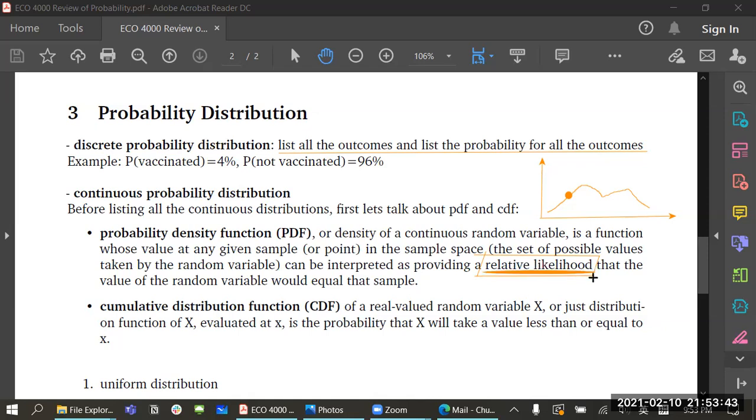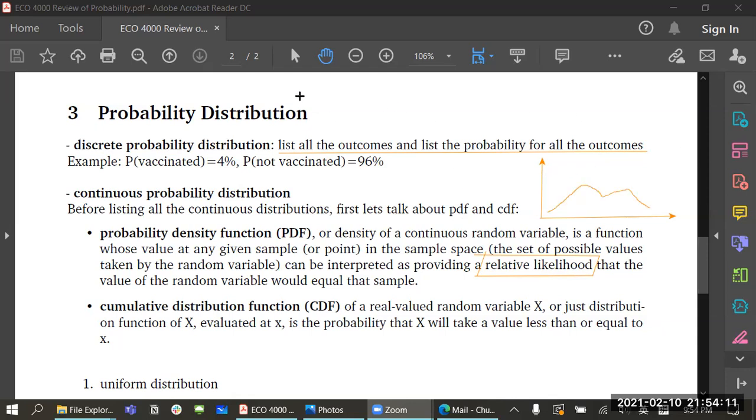You probably don't need to understand too much about relative likelihood, because at the end of the day, we understand probability distribution as a range. So for example, let's go back to the example of running a marathon.